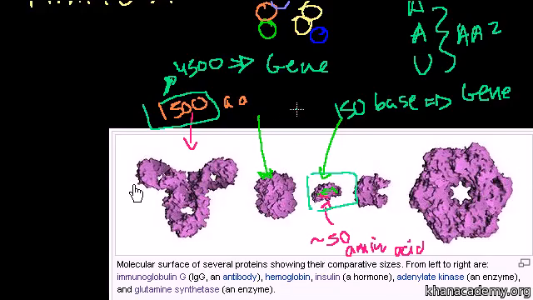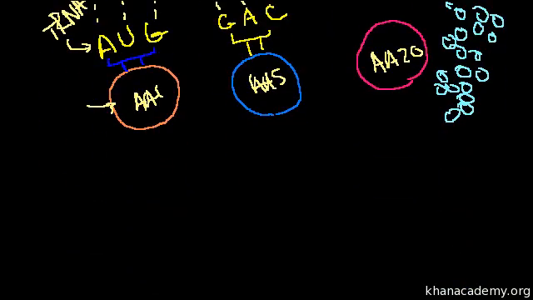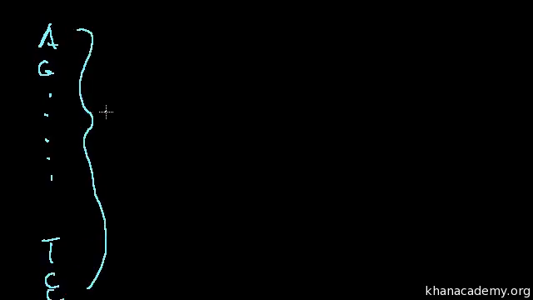Now, not all of the genes make proteins, but all of the proteins are made by genes. So let's say I have a bunch of A, G, and it goes down, down, down, and you have a T and then a C and a C, and let's say I have 4,500 of these. These could code for a protein.